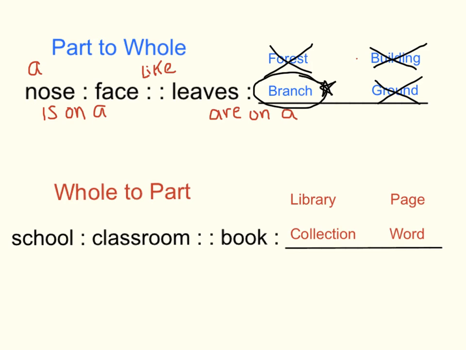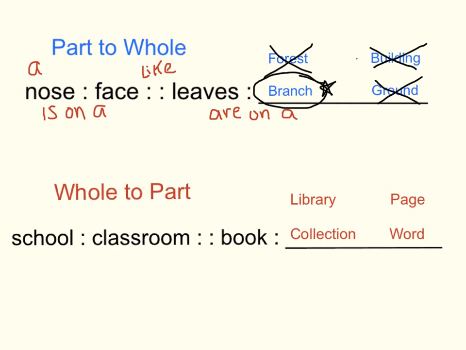So school is to classroom, as book is to, and we have library, page, collection, or word to pick from. So let's see. First we're going to do our bridge sentence for this one.